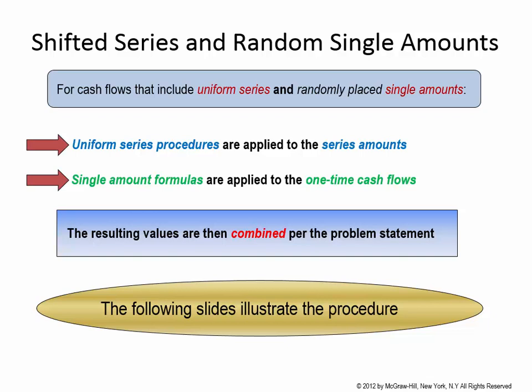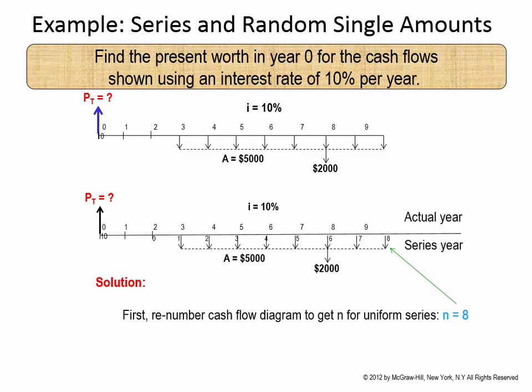All right, so back to this idea of shifted series. Let's take a look at an example before we get going into the in-class exercise. We have a cash flow diagram where there is a series of annual payments, but those annual payments don't begin until year 3. So you can see in year 3 we make a payment of $5,000.